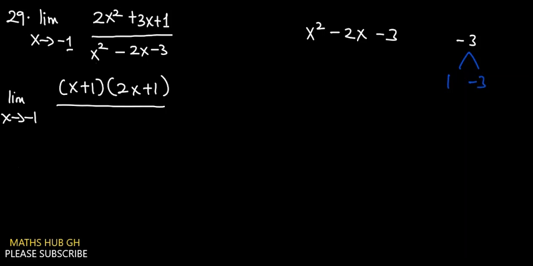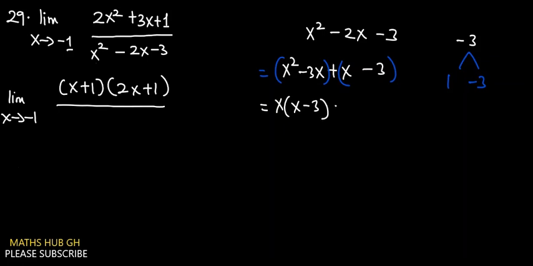So at the end, we are going to have x squared minus 3x plus x minus 3. So let's do the factorization. You're going to have x, bracket open, x minus 3, plus 1 multiplying x minus 3.